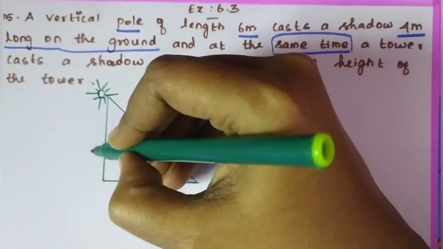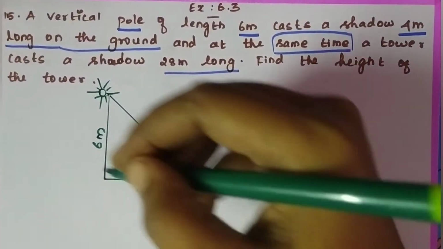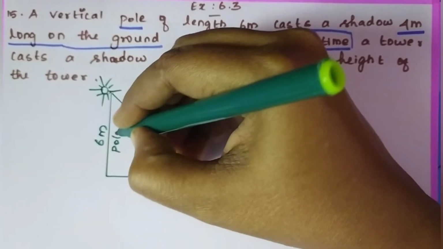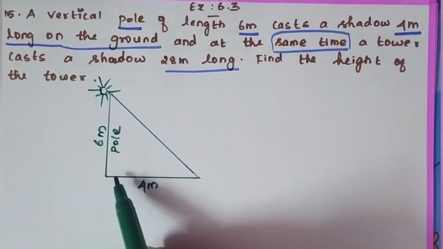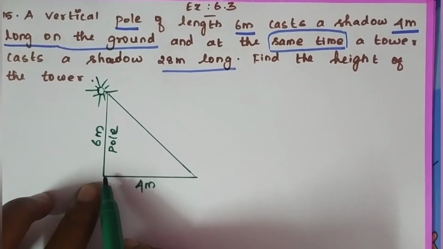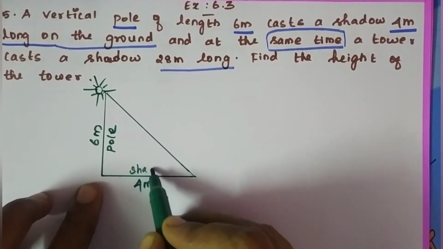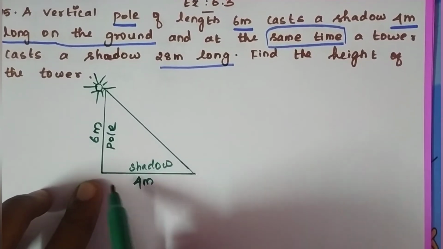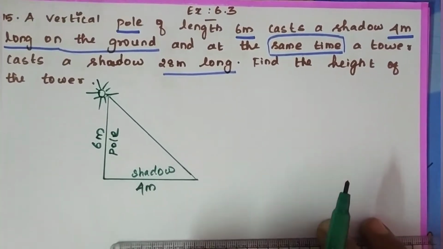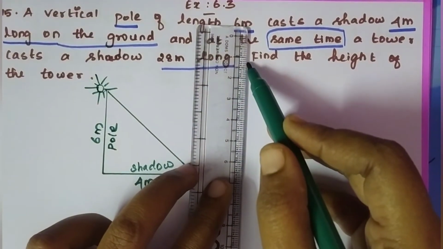And the vertical pole is 6 meter. Clear? This is the vertical pole, and its length is 6 meter. And the shadow is 4 meter.